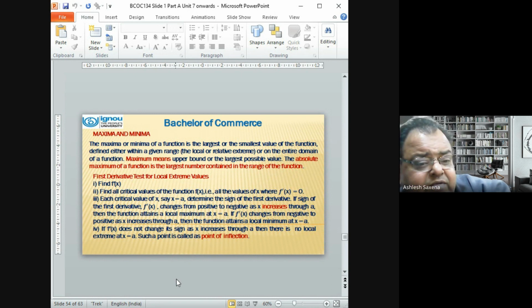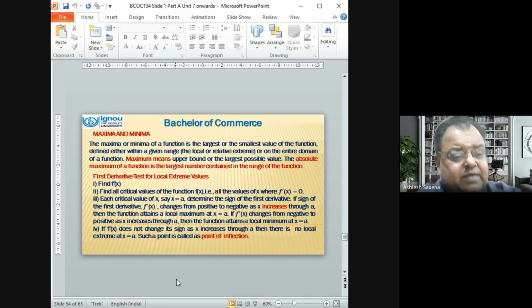If the sign of the first derivative f dash x changes from positive to negative as x increases through a, then the function attains a local maxima at x is equal to a. And if f dash x changes from negative to positive as x increases through a, then the function attains a local minimum at x is equal to a.